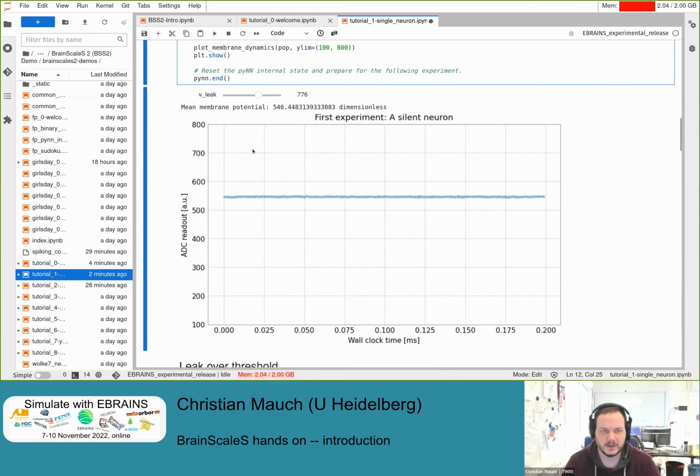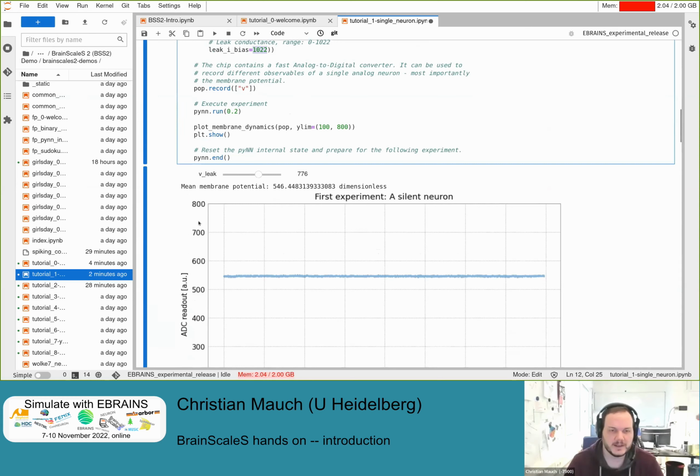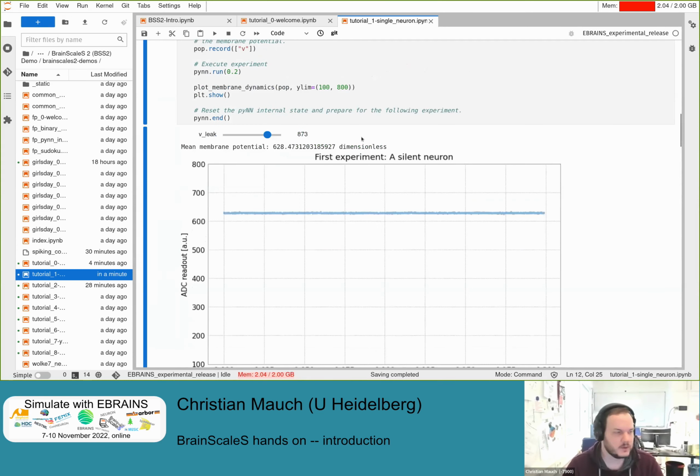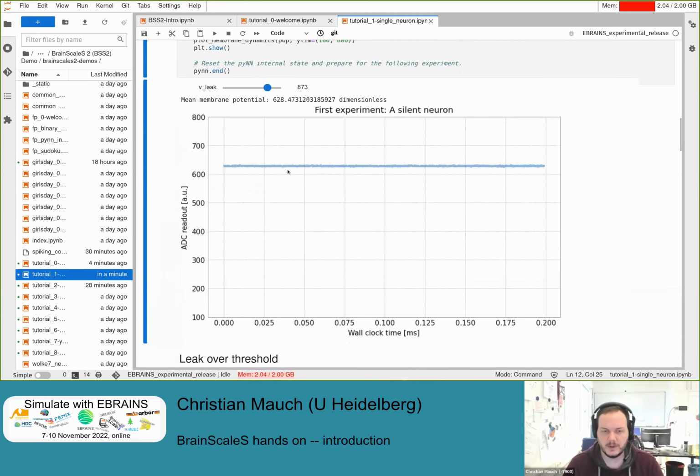Also, you should note that the parameters given to the neuron and the units for the readout don't correlate to each other. So don't be confused if you specify 870 here and it's only at roughly 600. Yes, so I think this should all be running for you.